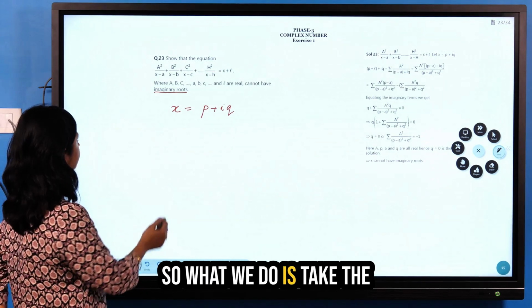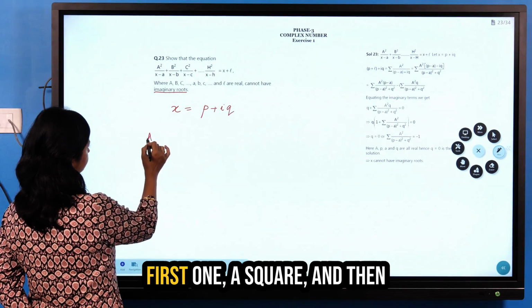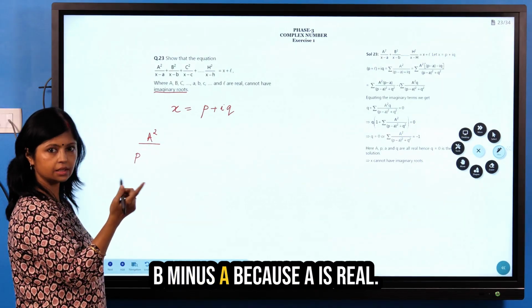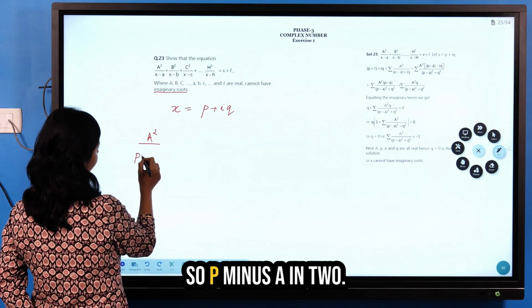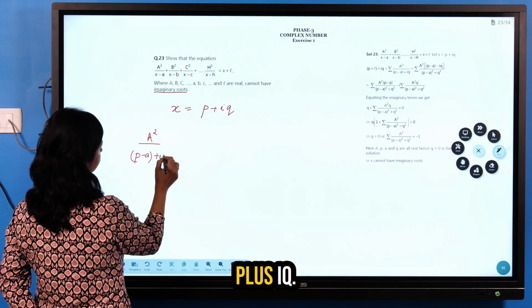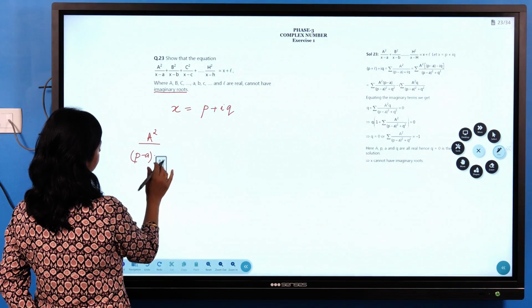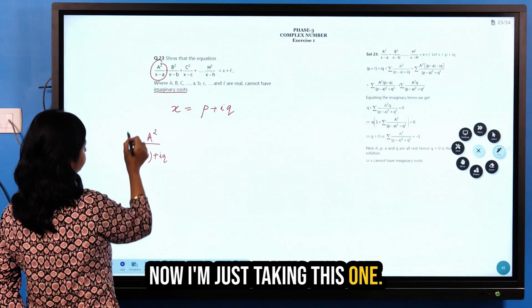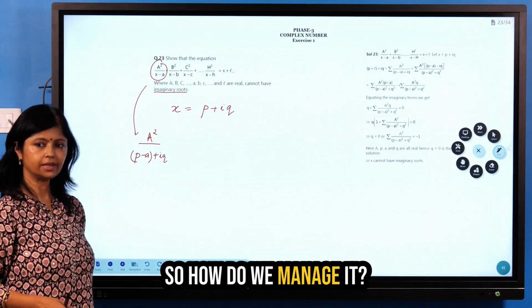So what we do is take the first term, a square over p minus a, because a is real, so p minus a plus iq. Now I'm just taking this one. How do we manage it?